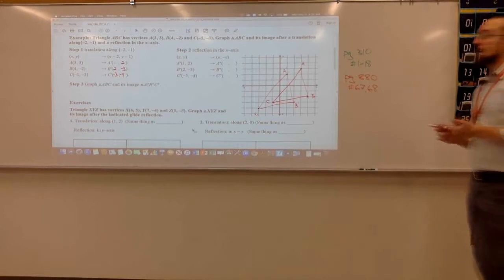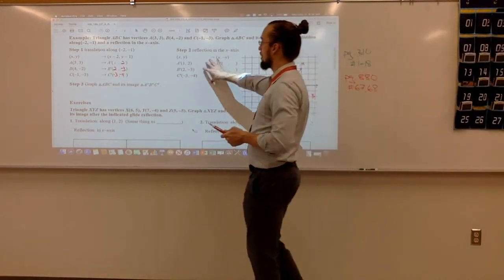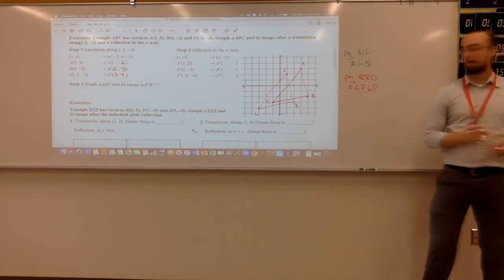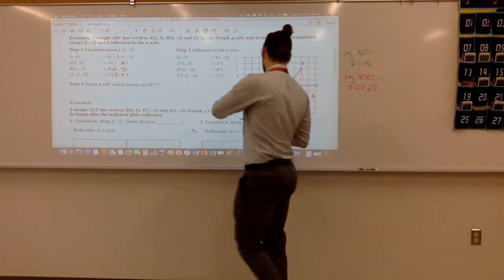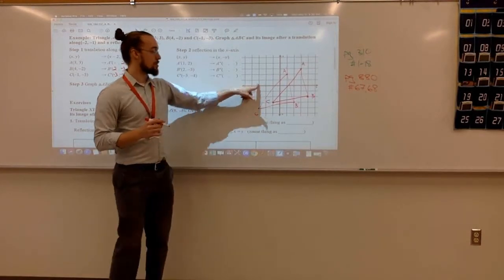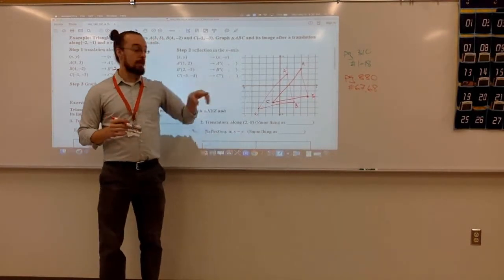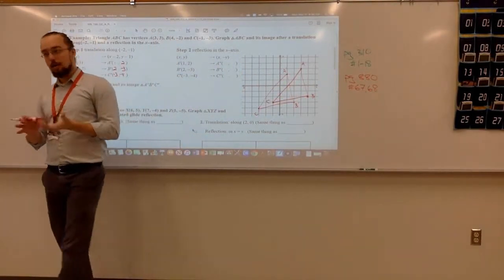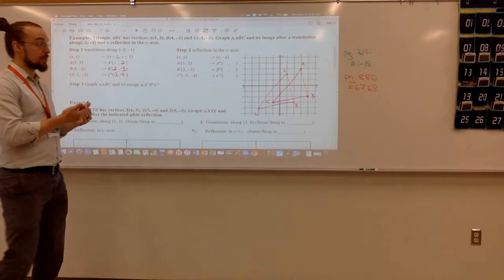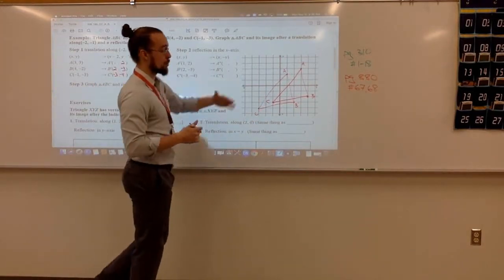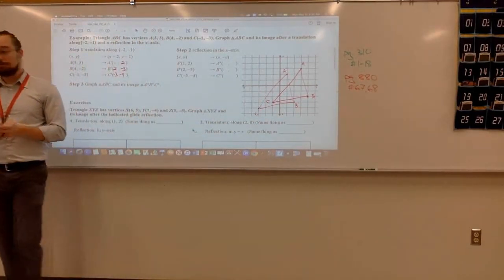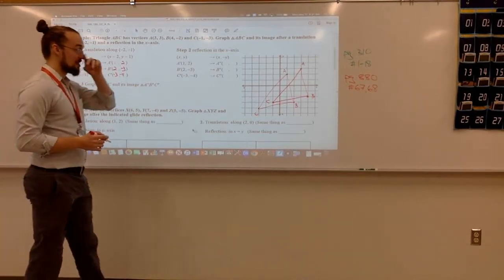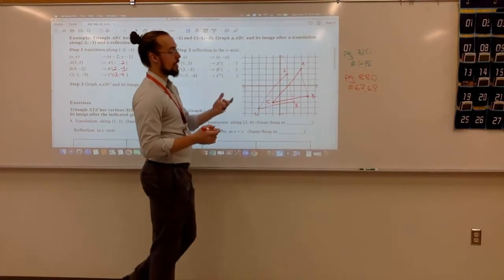So now it's asking us to take that triangle and reflect it in the x-axis. The x-axis is right here. So when I take this triangle and reflect it across the x-axis, it's going to be on top of itself a little bit because the line of reflection goes through the triangle. But to do this, we just want to look at each point individually and count the distance to the line of reflection.